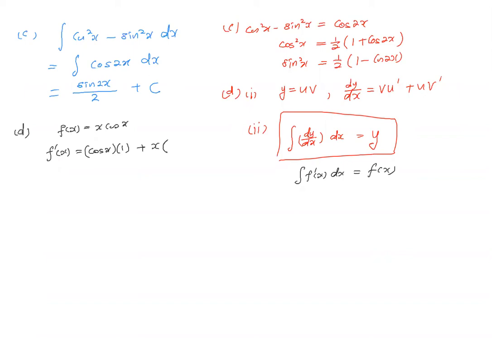Okay, differentiate cos, what do you get? You get negative sin, correct? And differentiate x, you get 1, so we don't write. So this will be cos x minus x sin x. So part 2.